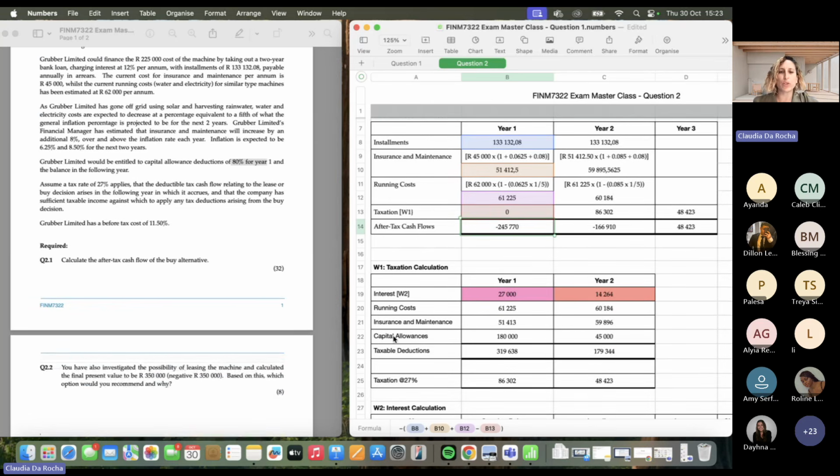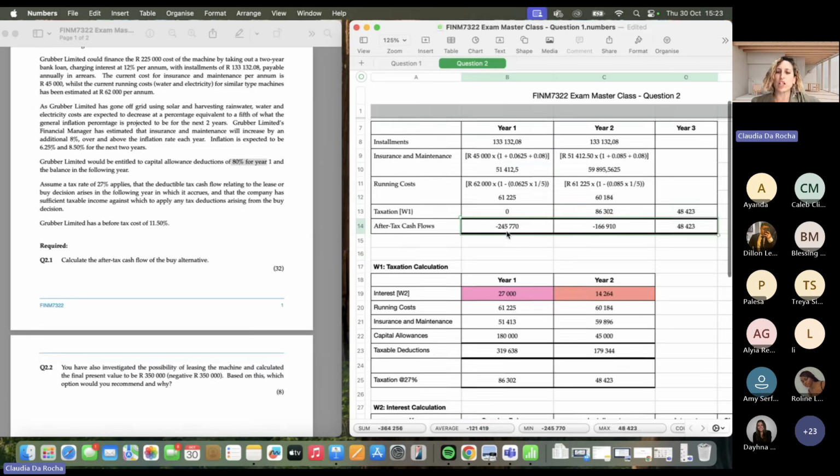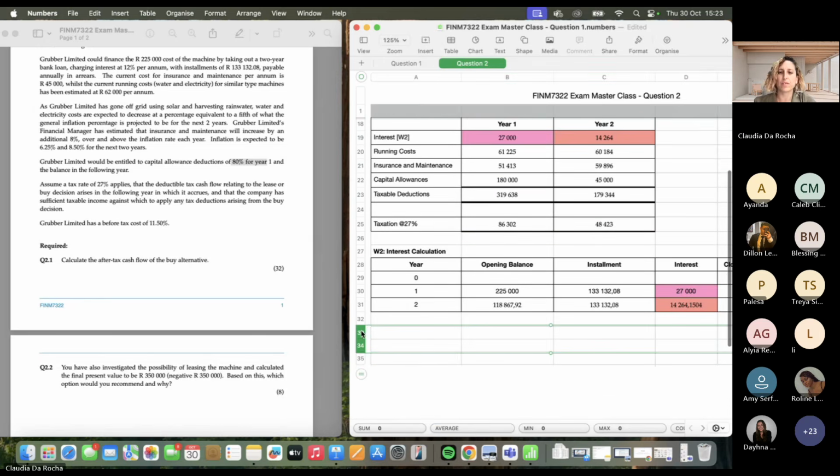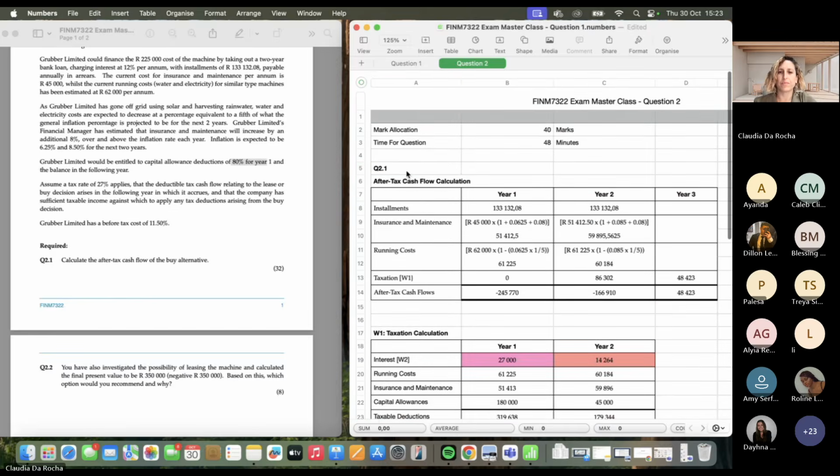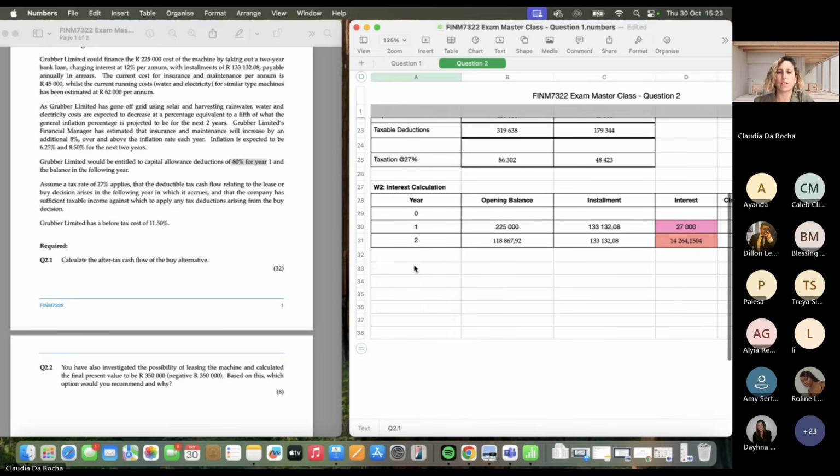Okay, with 2.2, I'm literally going to calculate the net present value of this one. So for the leasing decision, I know that the net PV is what they gave us in the answer.